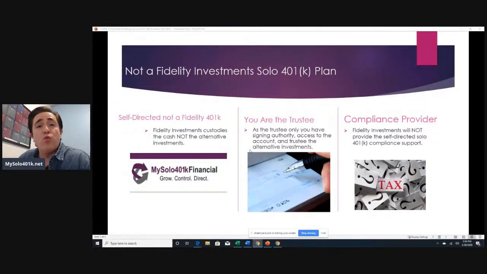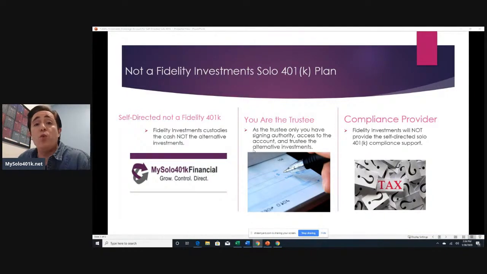Now that you understand the role of Fidelity, if you have questions about making an investment in real estate or in promissory notes, and you call Fidelity, they're not going to be able to assist you. Hopefully, they'll direct you back to the plan provider like us, as opposed to trying to answer the question and creating confusion and maybe giving misinformation.